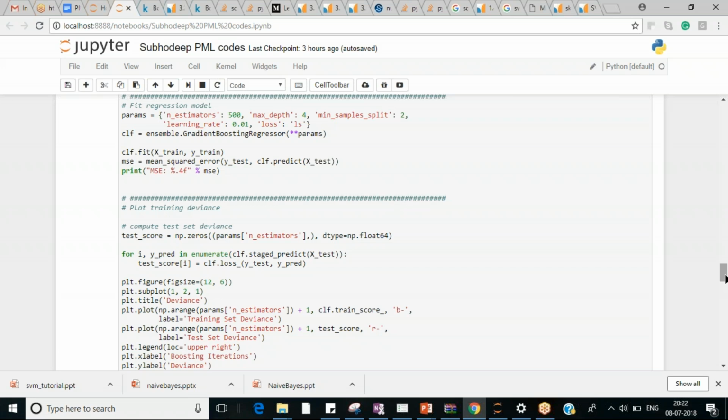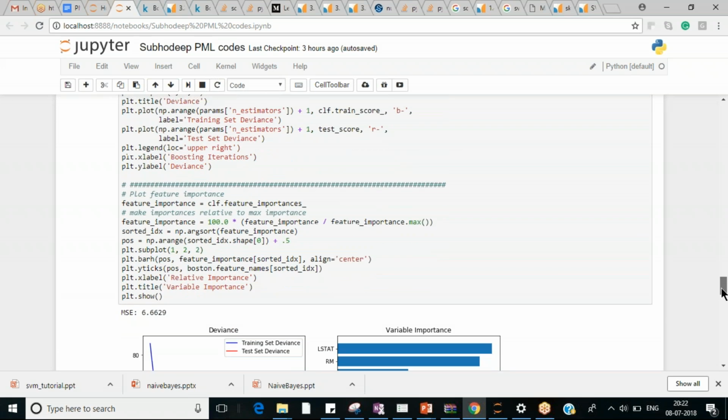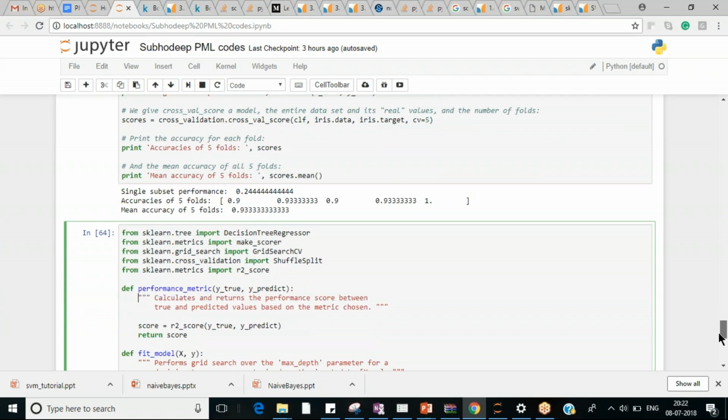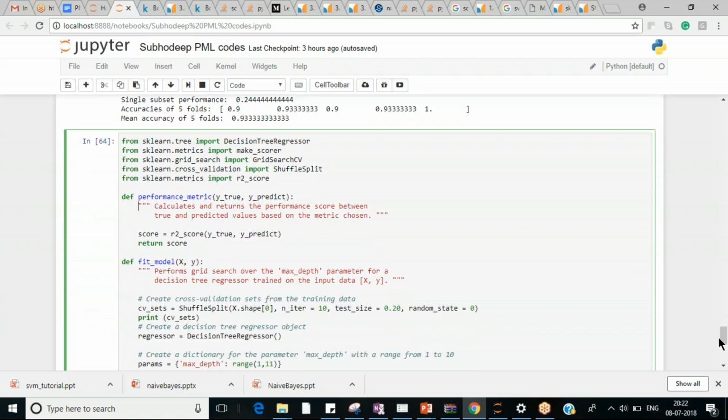You want the model to come up with the best parameters possible: the best depth of the tree, the best number of trees that you want to keep, the best minimum sample split, and the best learning rate, right? So the grid search will try to find the best model for you on the basis of these parameters and come up with the best model possible.